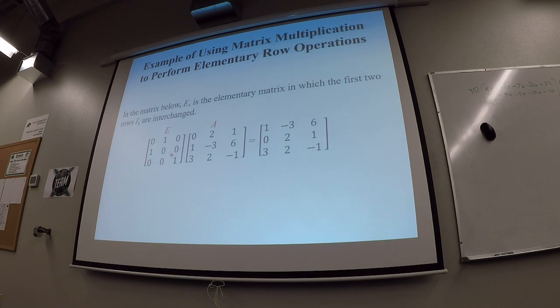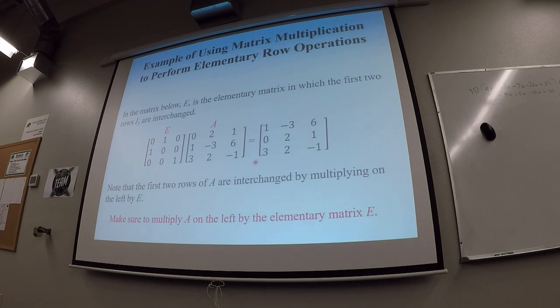What you do with that elementary matrix times whatever matrix you're multiplying it by, that 1 row operation will happen to that matrix. It takes care of itself. It literally happens. Like, yay, okay. It's like magic. This is so much fun.